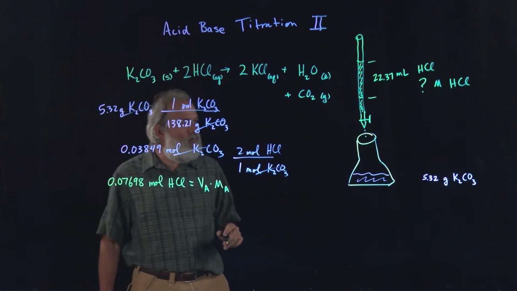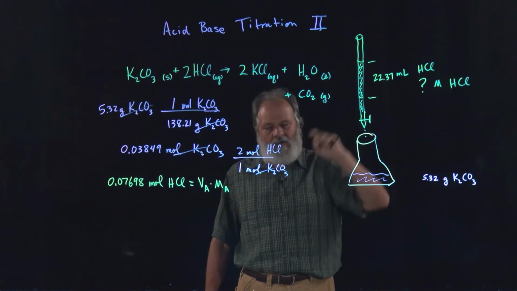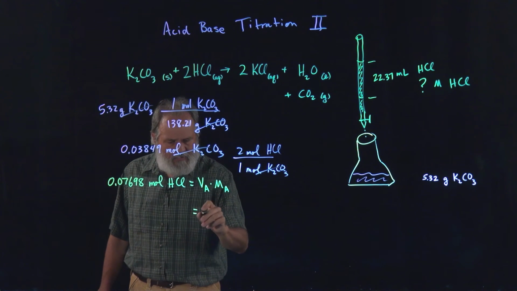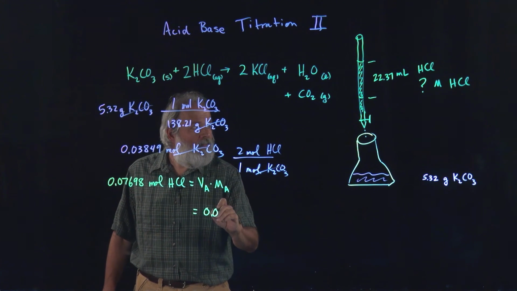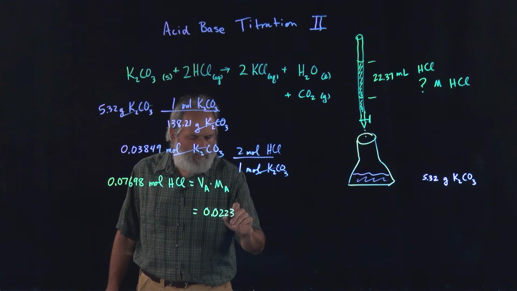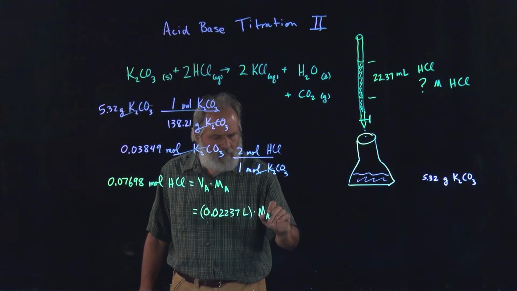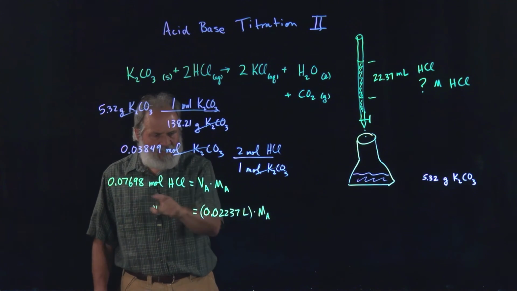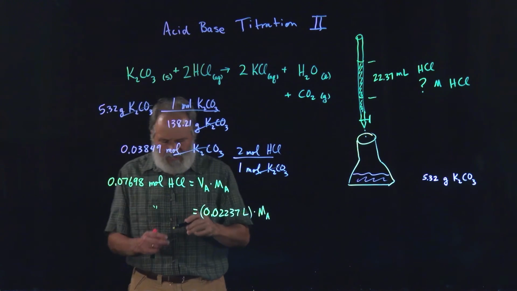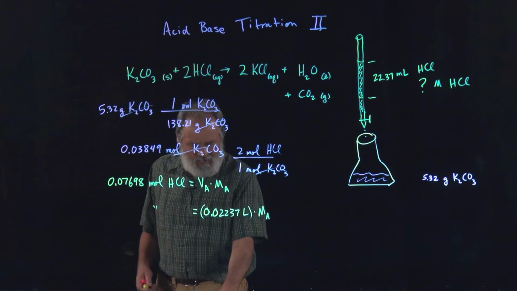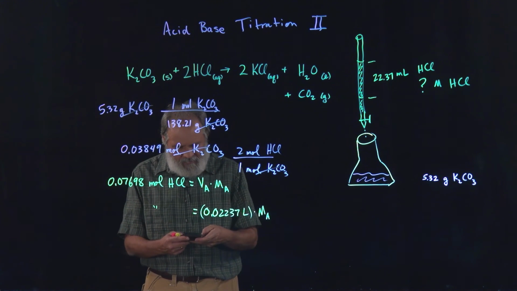All right, and which of these do we know? We know the volume of the acid, which we determined through the experiment. All right, so we have this number equals that number times M. We divide both sides by 0.02237.